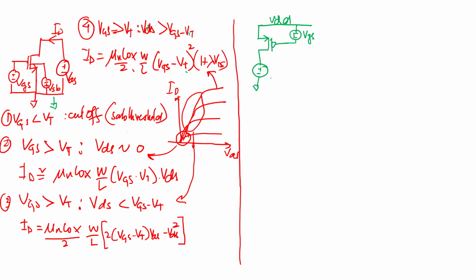So this is VDS, but it is again a negative voltage because your ground is on the source, which is actually VDD. So let me just put it this way. Okay, so that again is VDS, but VDS is also a negative quantity, and the current flows in this direction here.